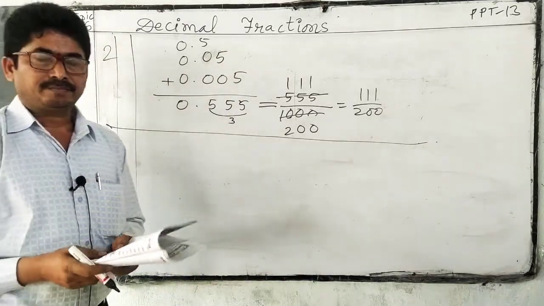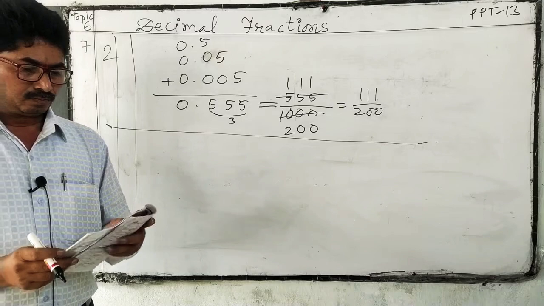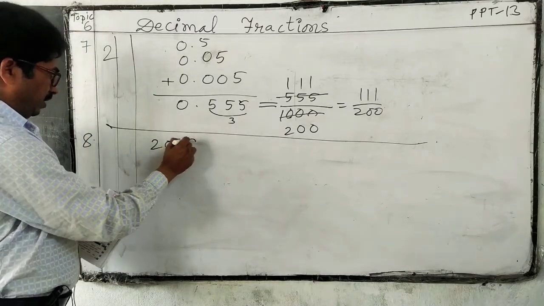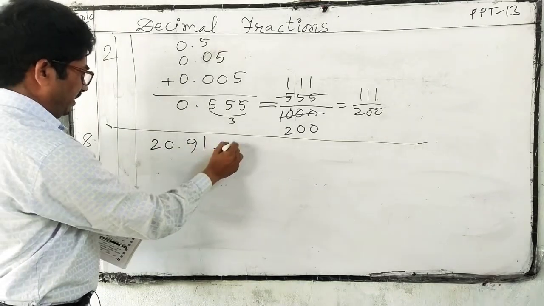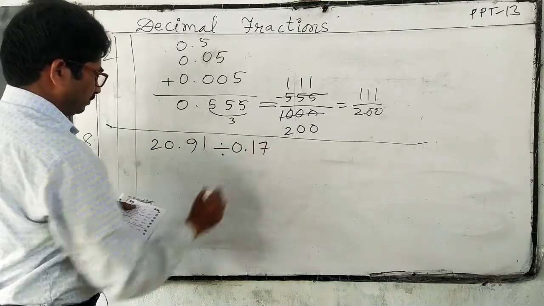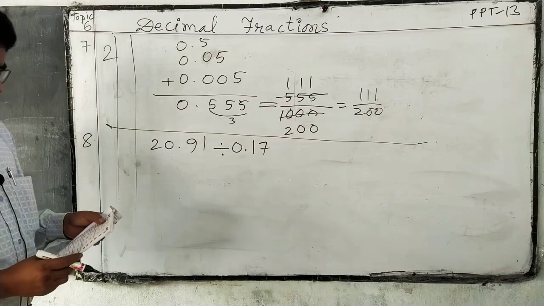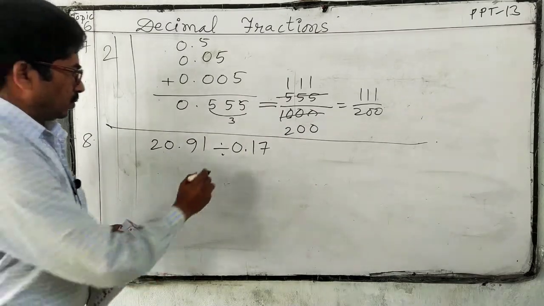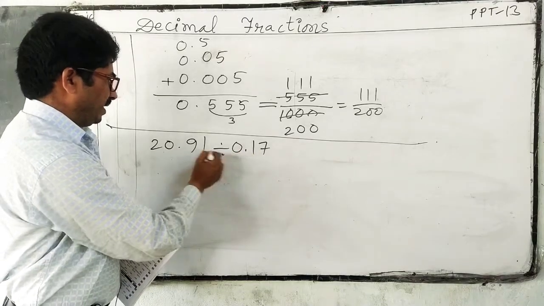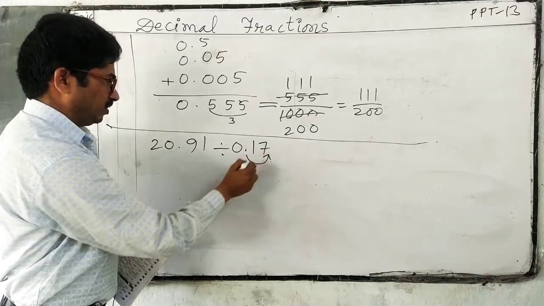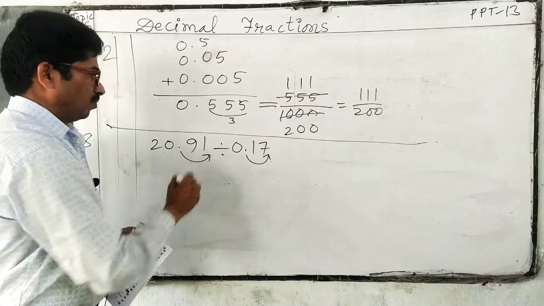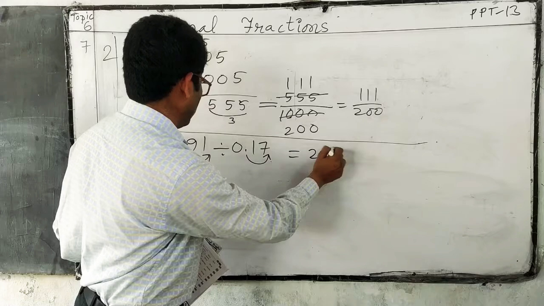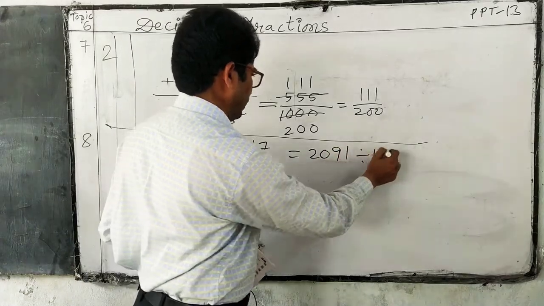Next, 8th one. The value of 20.91 divided by 0.17. To divide a decimal by another decimal, we have to make the divisor a whole number. So it will become 2091 divided by 17.